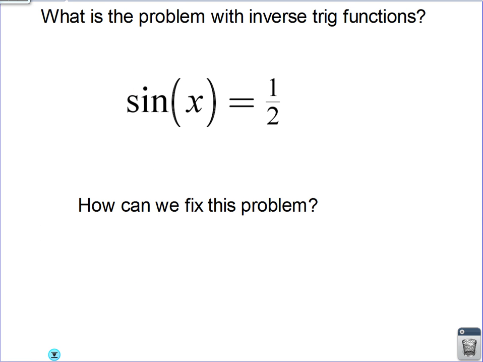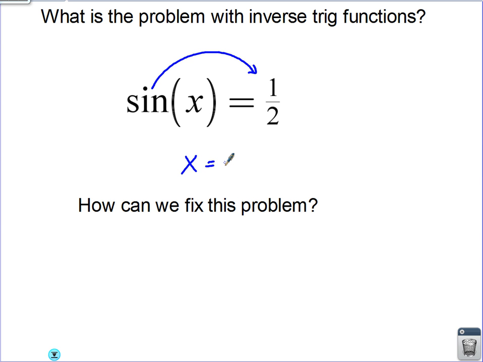So what is the problem with inverse trig functions? Let's think about this. To solve this basic equation, I've got to move sine over there. Back when we were solving SOH CAH TOA problems, simple right triangle problems, we moved sine over by doing inverse sine, and what did we get as an answer?